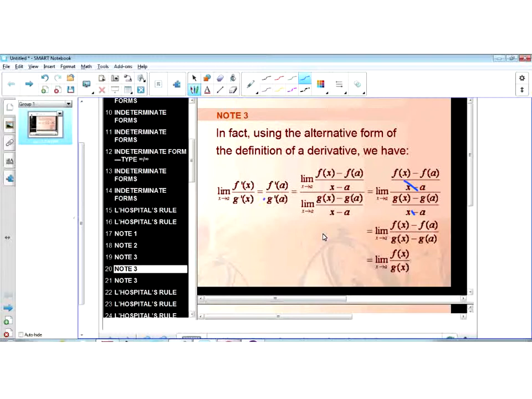So how did they get from this step to this step? It's kind of interesting. How do we know this? Well, I'm not sure if this is totally correct.